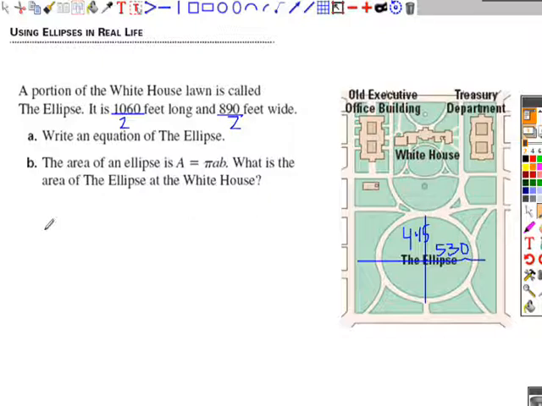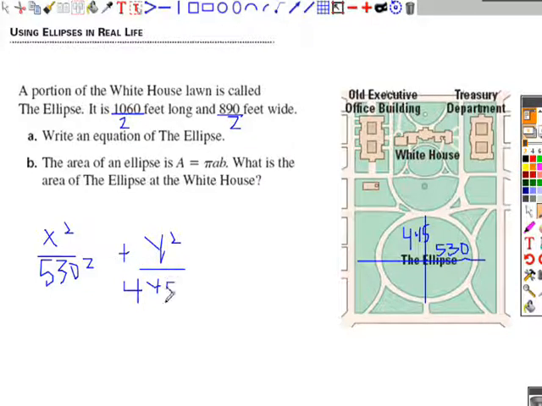So the equation for part A would be x squared over 530 squared plus y squared over 445 squared. So all you have to do is find a and b by dividing by 2 and then plug them into your equation. Equals 1.